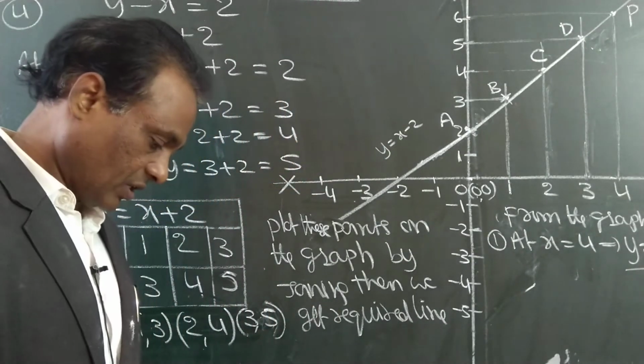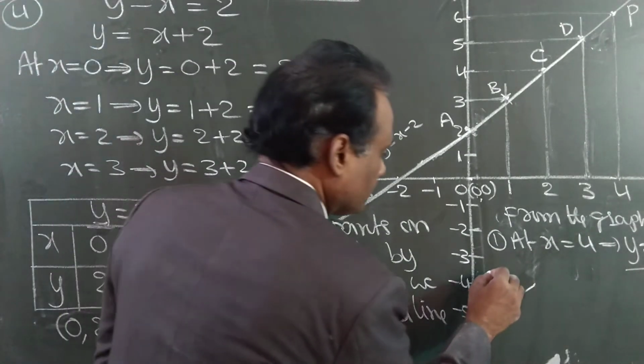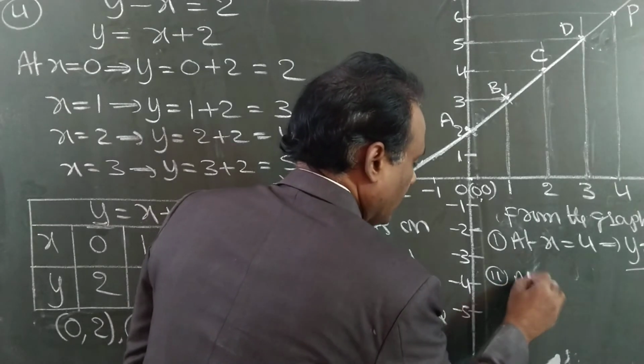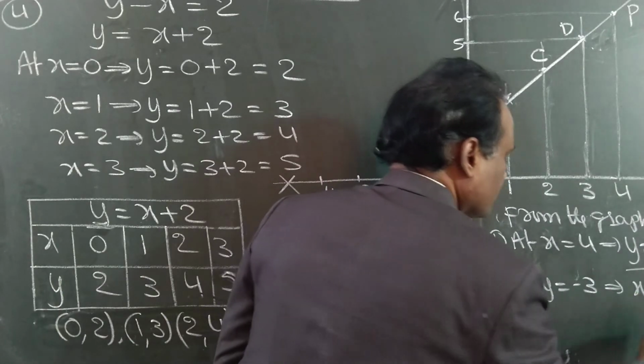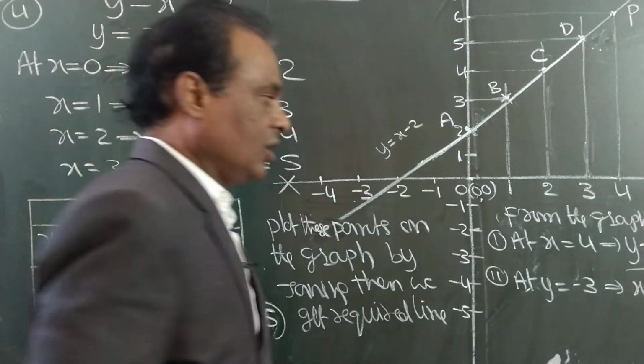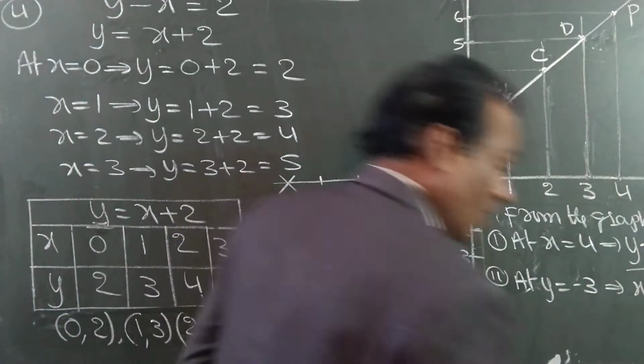Next, the second bit. At y is equal to minus 3, what is the x value?